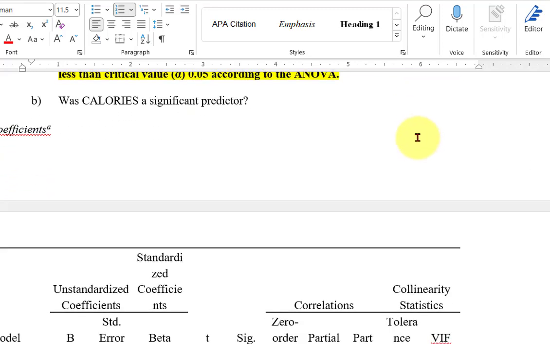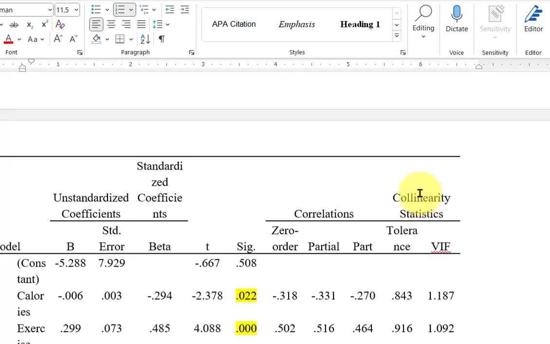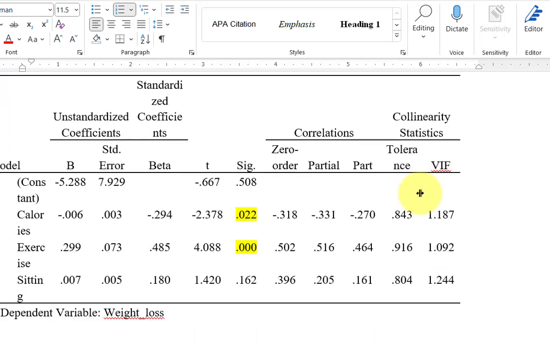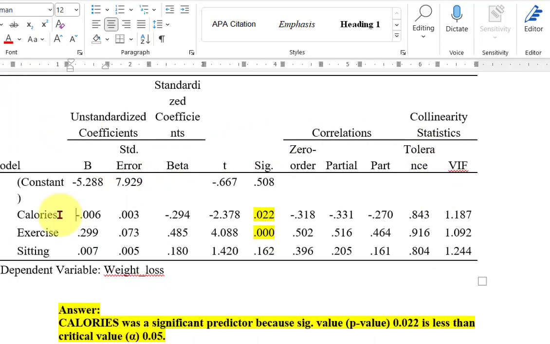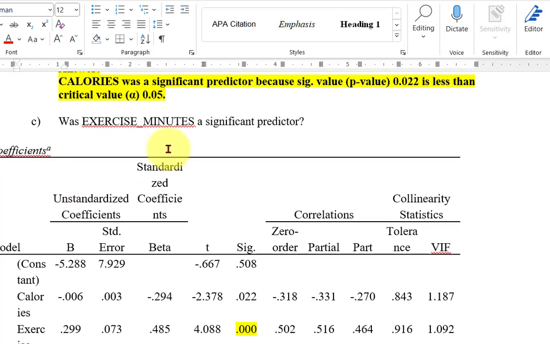And was calories a significant predictor? So since it's a significant ANOVA, we go down to the coefficients box and we look at calories, right? Calories, significant. It sure is. Yes, calories is a significant predictor. So is exercise. Was exercise?